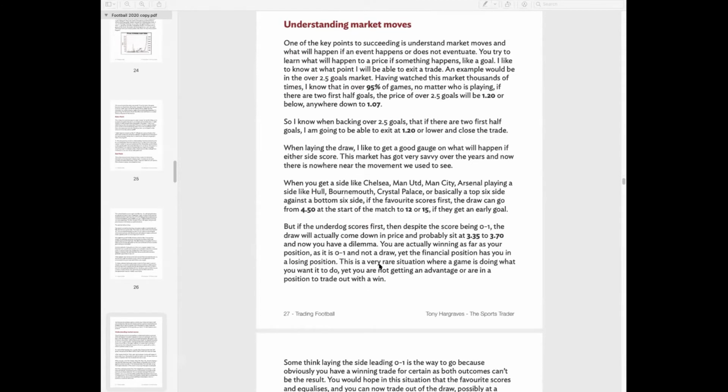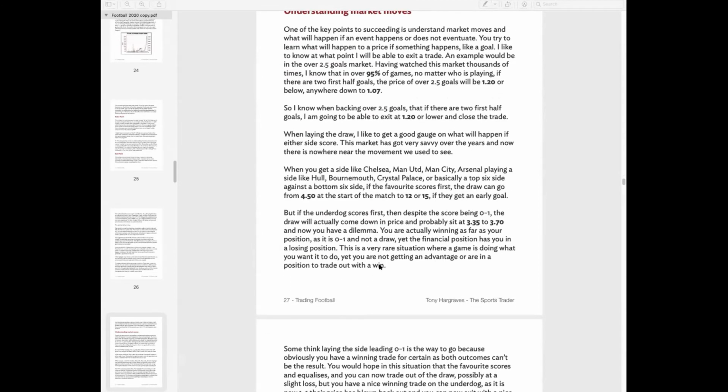So understanding market moves. One of the key points to understanding market moves is try and learn what will happen if an event happens or doesn't happen. You often just hear me talking off the cuff and say, if this happens, the price will go to such and such.